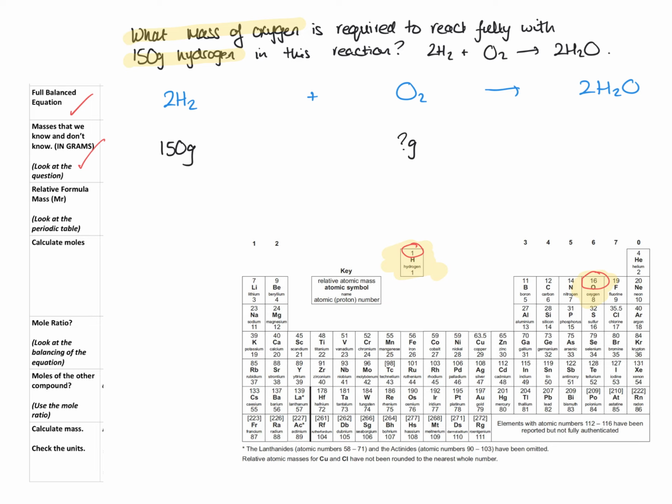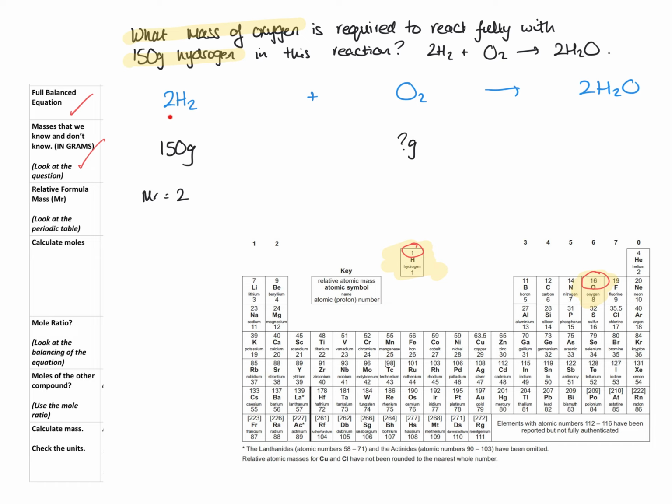So for the hydrogen, hydrogen comes in twos, it's diatomic, it's H2, which means you've got two of these. 1 and 1 is 2. So the relative formula mass for this one is 2. Okay, just a word of warning, do not use the balancing numbers, don't use the big numbers when you're calculating relative formula mass. That just means 2 lots of it, 2 moles of it.